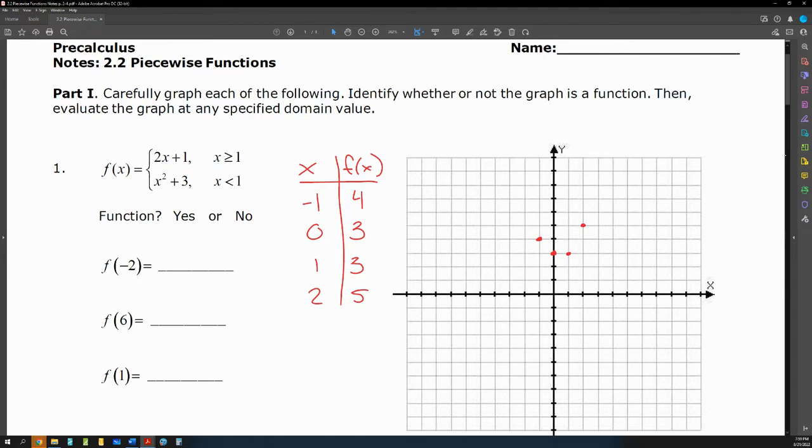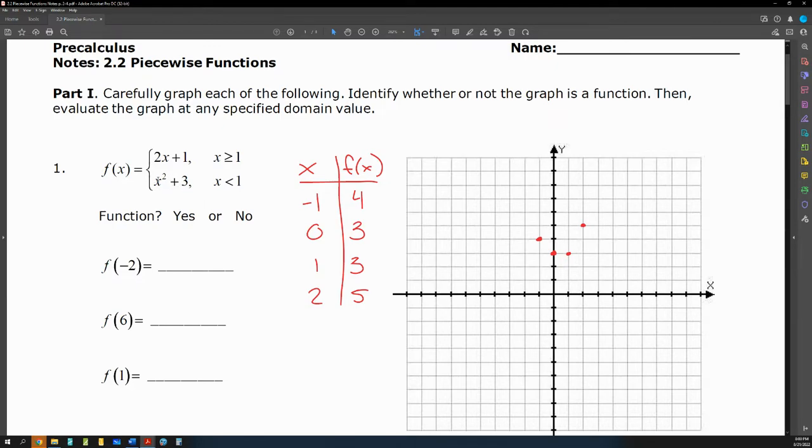Now, all of these points exist on the function, but there's something going on at x equals 1. Notice that we evaluated for this top expression here. But because this function is all values up to 1 but not including, we also need to know what the function is approaching. So if we evaluate this expression at x equals 1, then we can determine where the left-hand side of our function should look like.